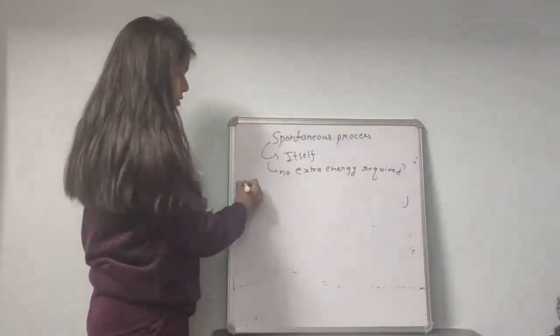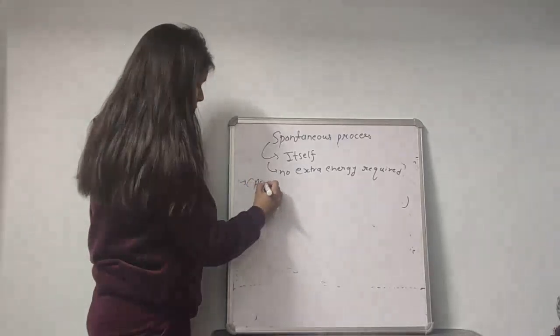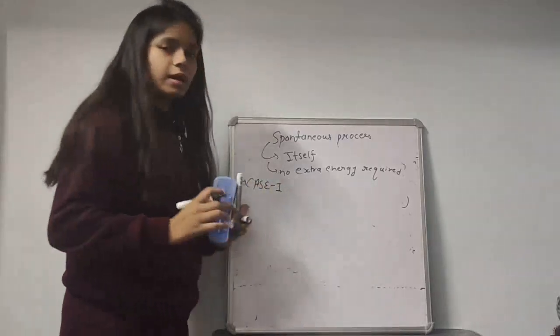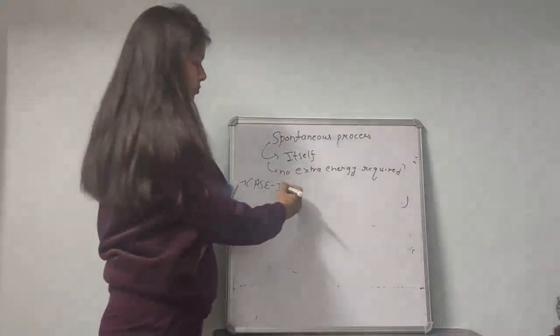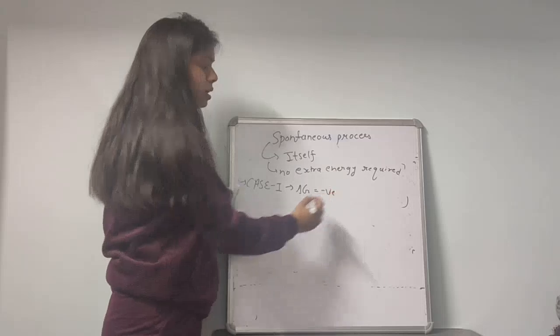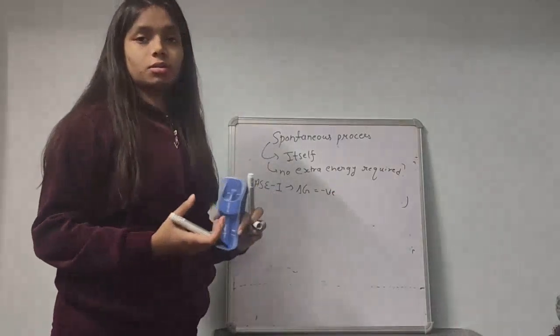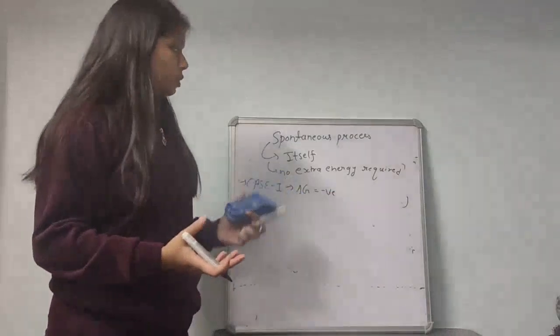Let's take the first condition. In this we want delta G to be negative, for the reaction to be spontaneous.